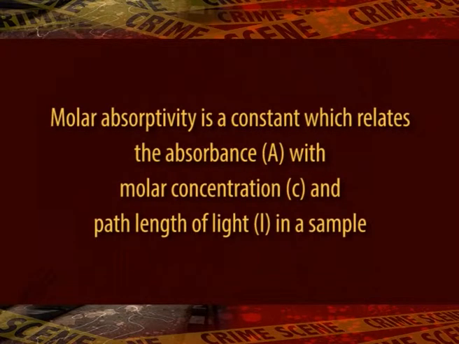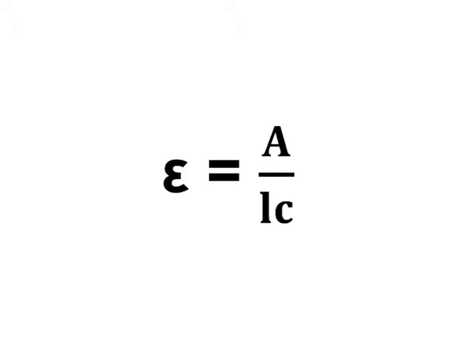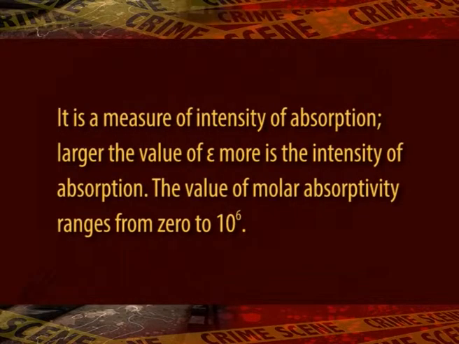Molar absorptivity is a constant which relates the absorbance A with the molar concentration C and the path length of the light L in a sample. It may be expressed as A upon L into C. It is the measure of intensity of absorption, that is, the larger the value of epsilon, the more is the intensity of absorption.